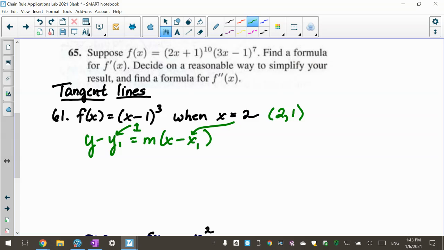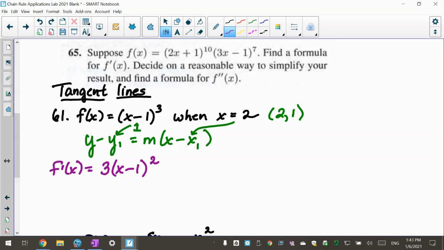Now I want to find the slope, which means I have to do the derivative. So I'm going to do f prime of x. And this, I'm using the chain rule, so this is a nice start. So I see the outside function is a power rule, so I'm going to do 3 times x minus 1 squared. Then I'm going to look inside, and I don't touch the inside, and the derivative of x minus 1 is 1, so that is the derivative.